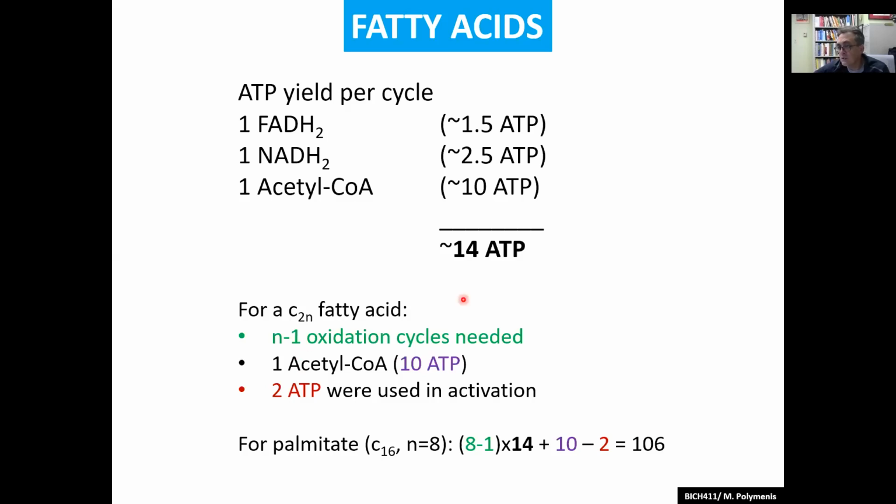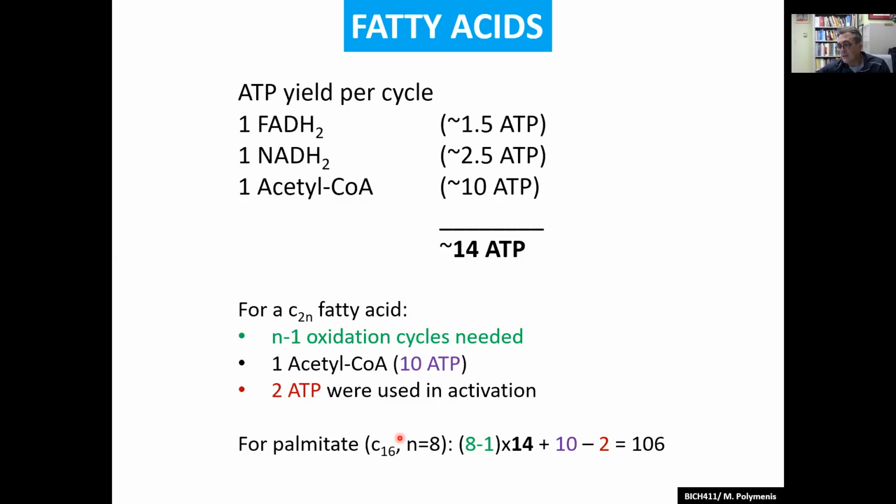So n minus 1 times 14, plus the 10 that you're going to get from the last one, but you don't need really a cycle because it's going to come off as an acetyl CoA. But then from that, you have to subtract the 2 ATPs you used at the very beginning to activate the fatty acid, with acyl CoA synthetase. So if you have a 16 carbon fatty acid, the n is the number of carbons that you divide by 2, that's going to be 8.